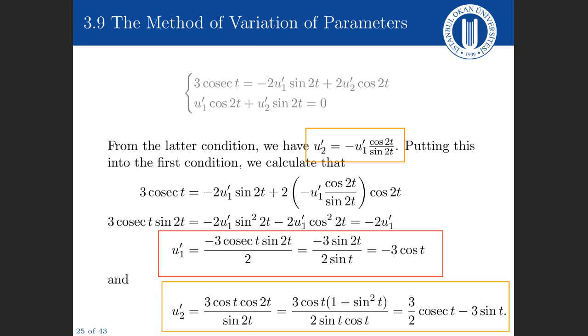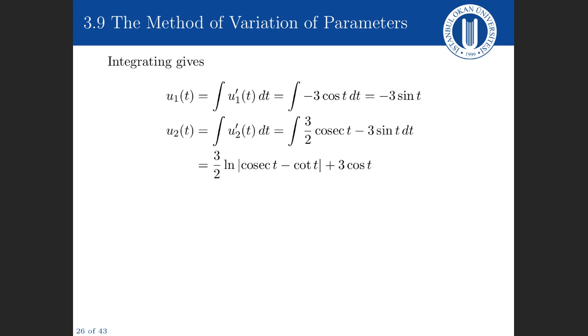After we know u1 prime and u2 prime, we can integrate to find u1 and u2. Of course, u1 is the integral of u1 prime. That is the integral of minus 3 cos t, which we know is minus 3 sine t.